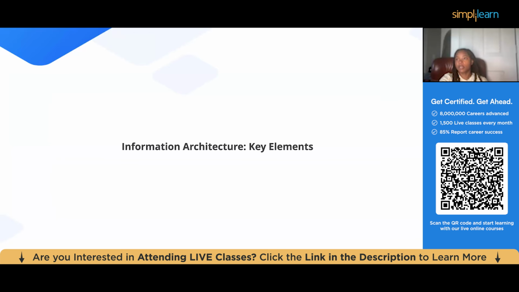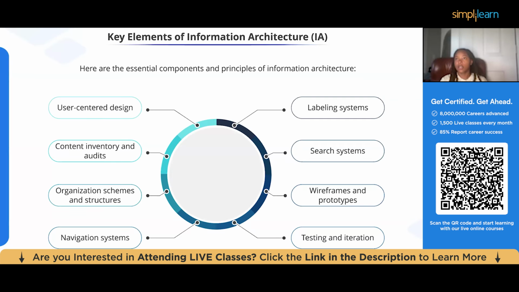And here are the essential components and principles of information architecture. Starting on the left side, we have user-centered design. Then we have content inventory and audits, organization schemes and structures, navigation systems, testing and iteration, wireframes and prototypes, search systems, and labeling systems.